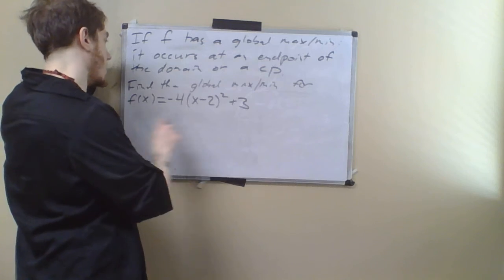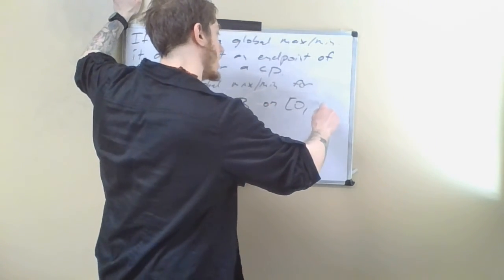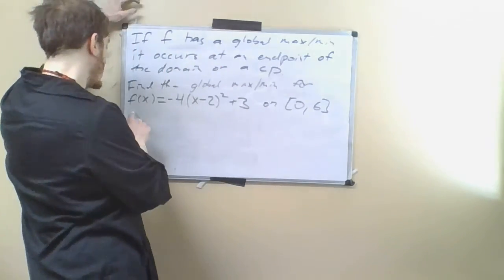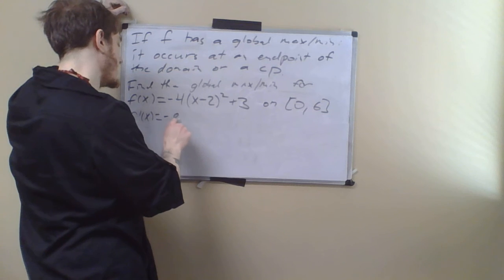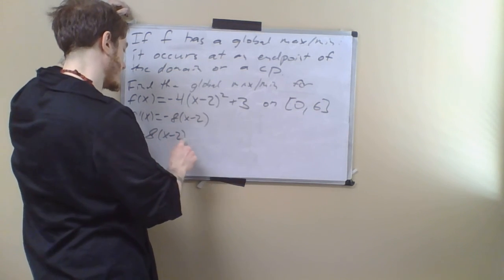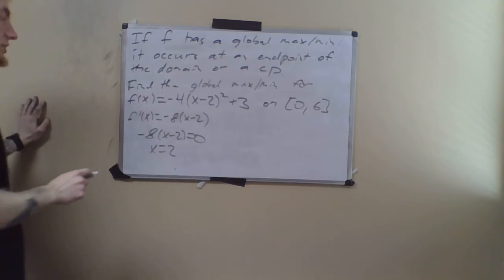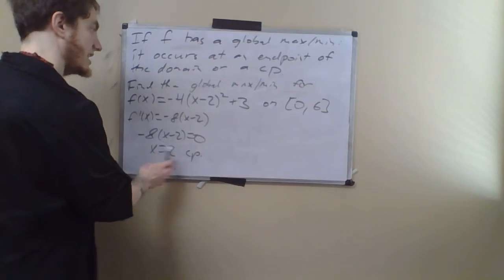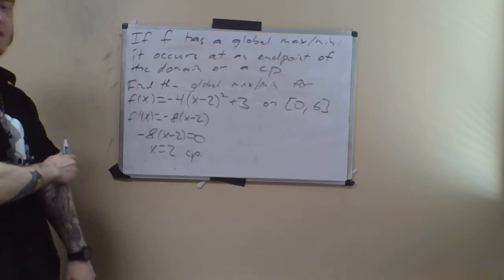Well, let's say that we are doing this on the interval from 0 up to 6. Well, I can say f prime of x is equal to -8 times (x minus 2), set -8 times (x minus 2) equal to 0, and we get x equals 2. That is our only critical point. It is indeed in the interval from 0 to 6, so it is relevant to our question here.